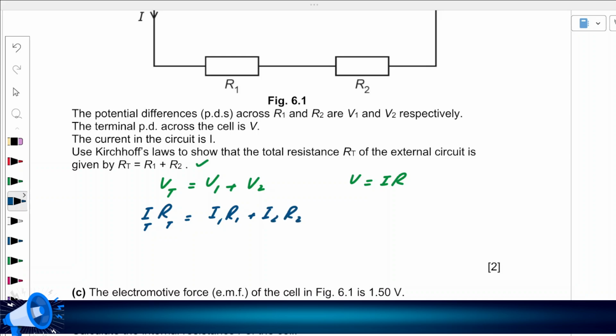Then you realize that the current is the same in a series circuit, so you don't even need to write the subscript. You can simply represent it by I.